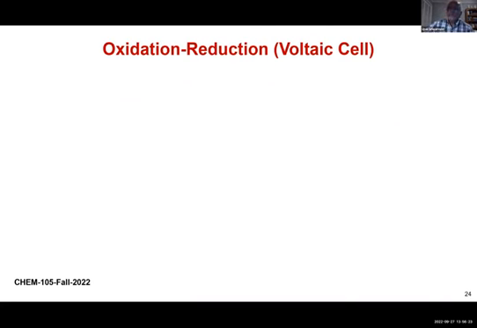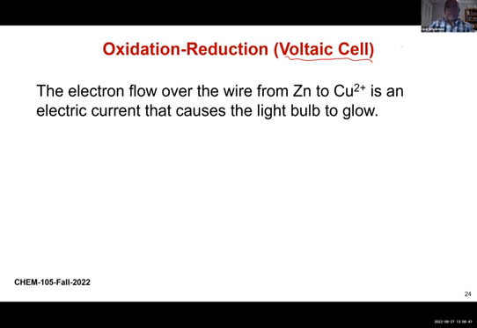So to harness the electricity, the electrons transferred in redox reactions, we come up with a way to isolate the reduction half reaction from the oxidation half reaction.